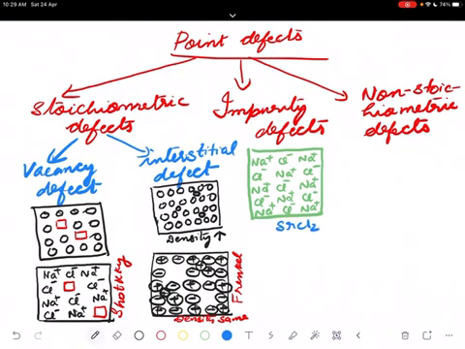Sr2+ ions will replace some of the Na+ ions. One Na plus here, one Na plus from here, that means total 2 plus charges are replaced by one Sr2+.